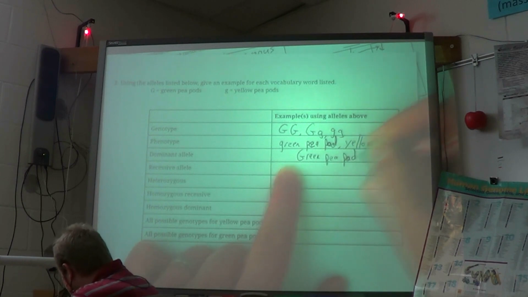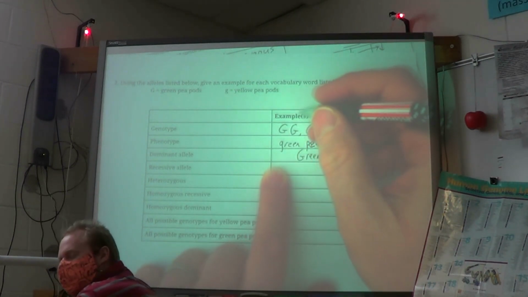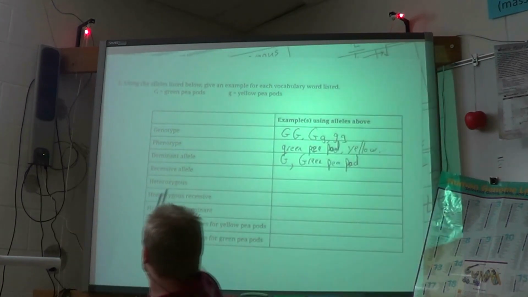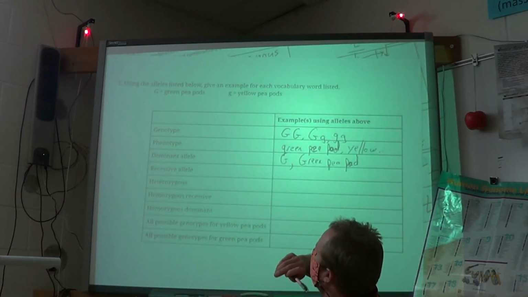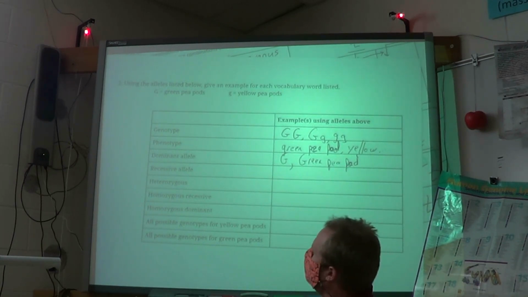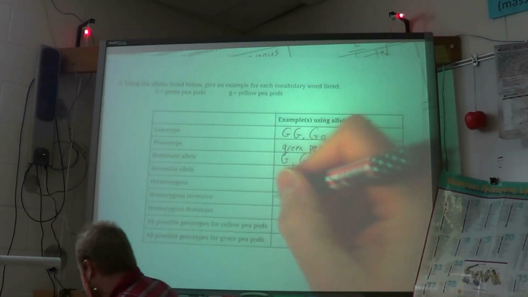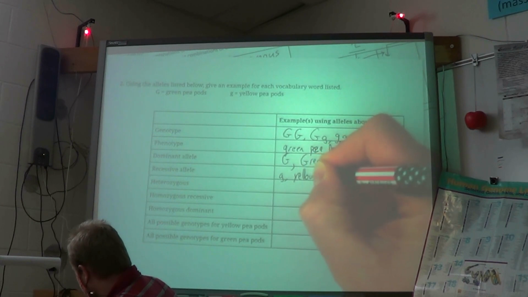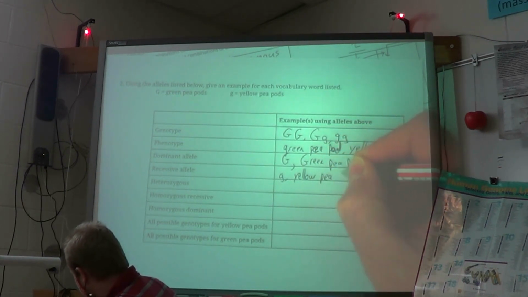And what would be the letter that we would represent that dominant allele with? Big G. Yeah, big G. In my mind, I was thinking big G for the dominant allele, but absolutely the dominant allele, the trait that we see, is the green pea pod. So what's the recessive allele then? Yellow pea pod, which we can represent with a lowercase g.